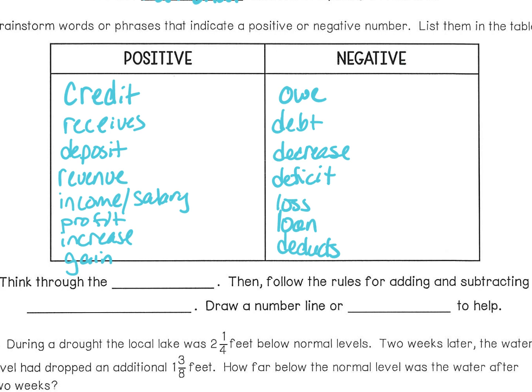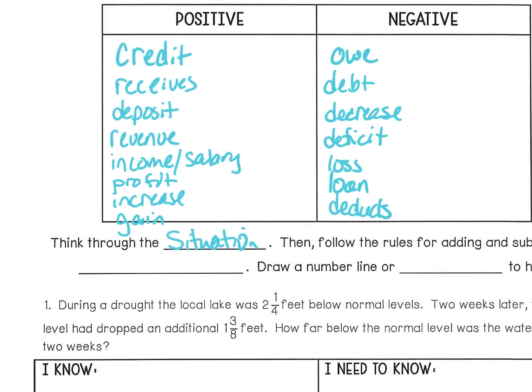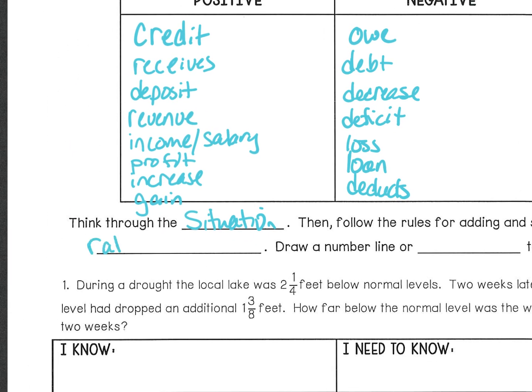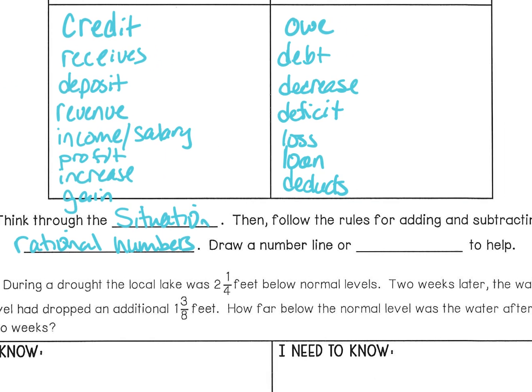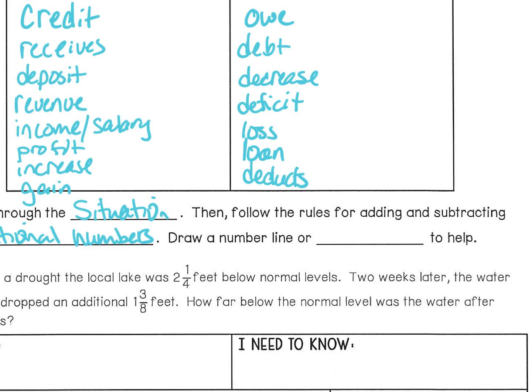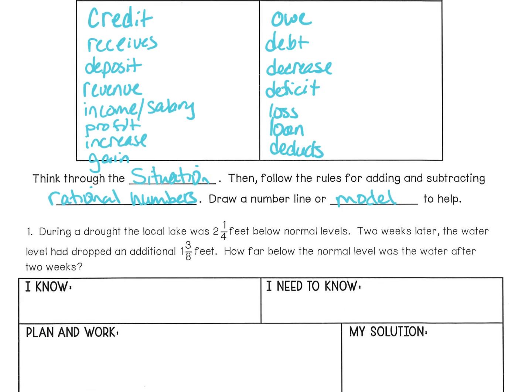So we think through a situation. In the vocab here, these words are going to be important. Then we follow the rules for adding and subtracting rational numbers. Draw a number line or a model. We can do that to help if we need to.